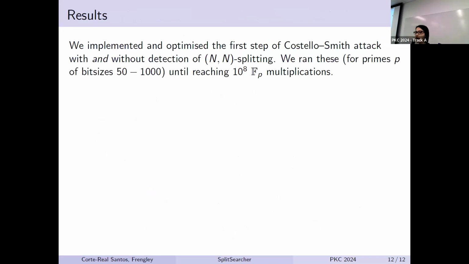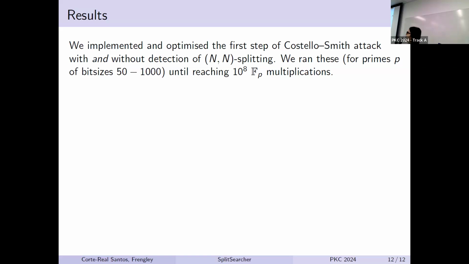Okay, so now let's go on to our results. We implemented and optimized the Costello-Smith attack with and without this NN splitting detection. We ran this for primes from bit sizes 15 to 1000 until reaching the set number of FP multiplications.